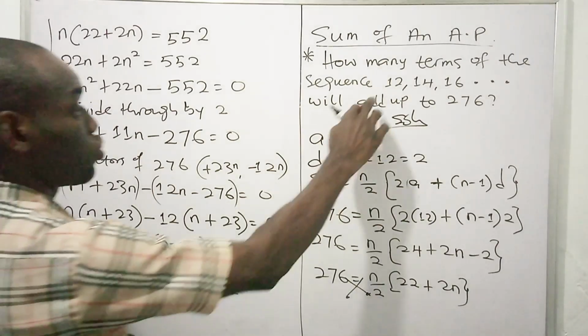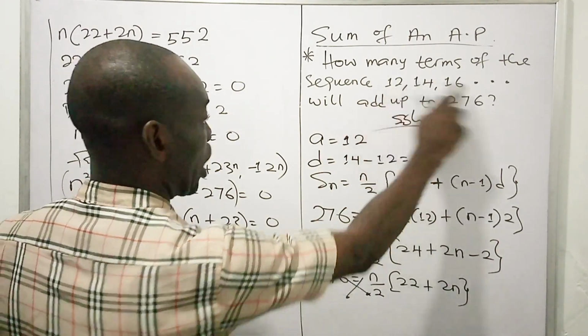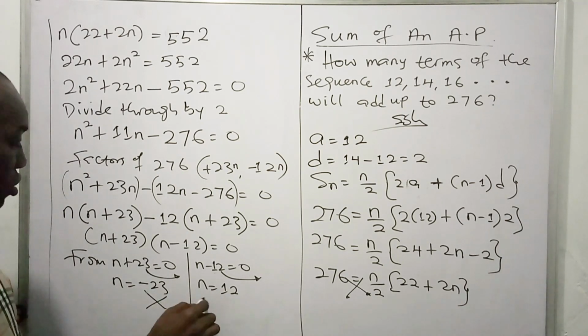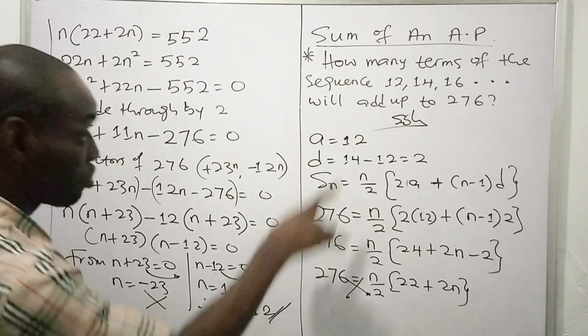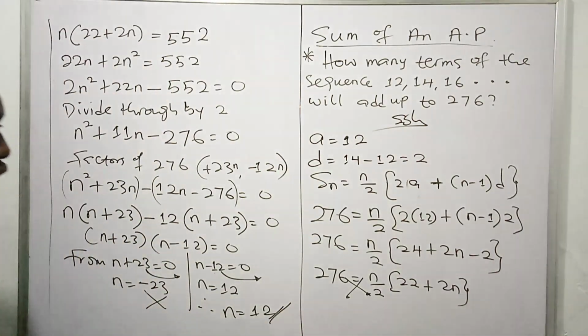And don't forget that the terms we have there are all positive terms, so there's no way the number of terms will be a negative number. So therefore, the value of our n finally is 12. We have 12 terms that make up the 276. So that's the solution to this interesting question on the sum of an AP.